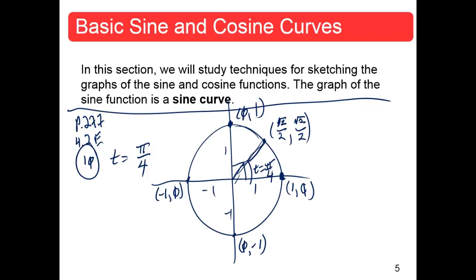Number 7. Find the point xy on the unit circle that corresponds to the real number t equal to pi fifths. Okay, that's what I could find. Pi fifths. Now I think what it's requiring you to do here, see, all these are the ones we're familiar with, right?